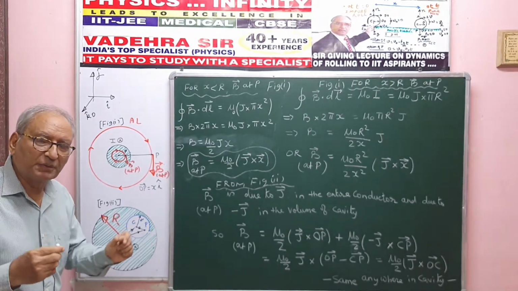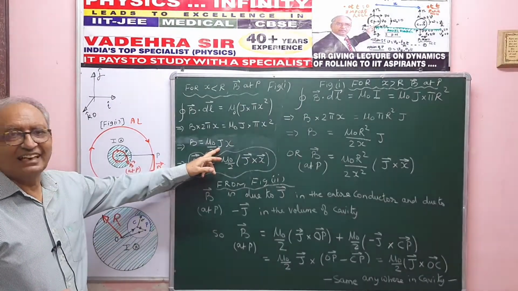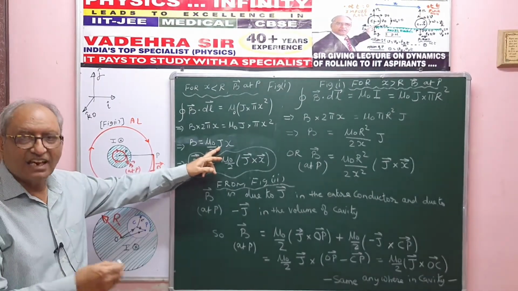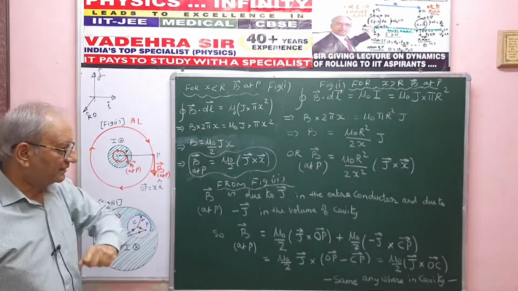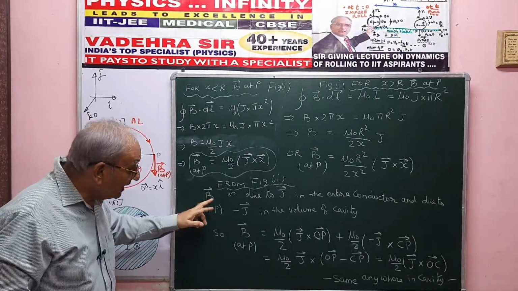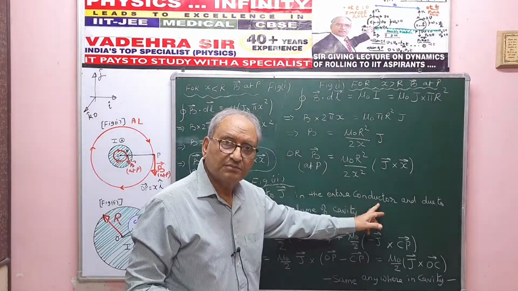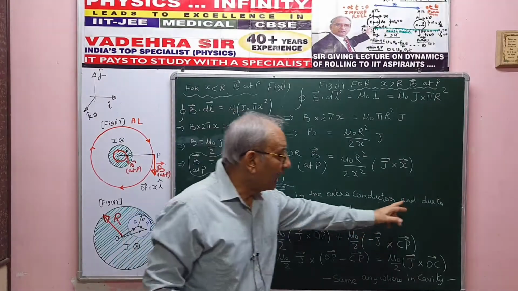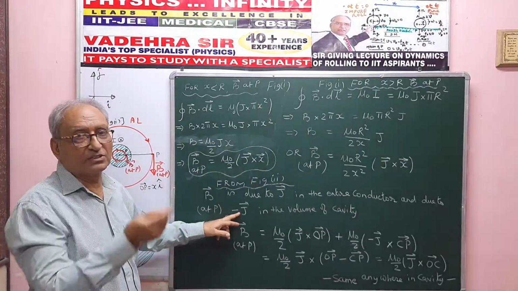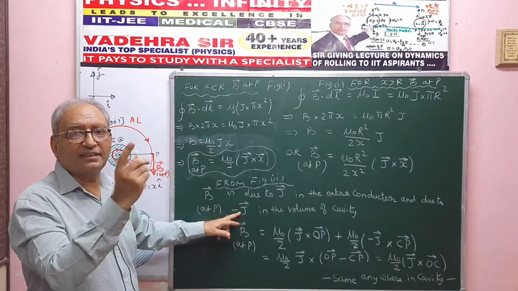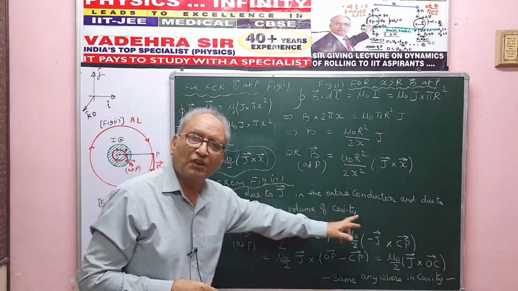I will use the superposition principle and I will use this result that we have learned just now for the Amperian loop rule in vector form. Right. B vector is due to J vector in the entire conductor, cylindrical wire, and due to minus J vector because the hollow pipe will be taken as a wire having current density minus J in the volume of the cavity.